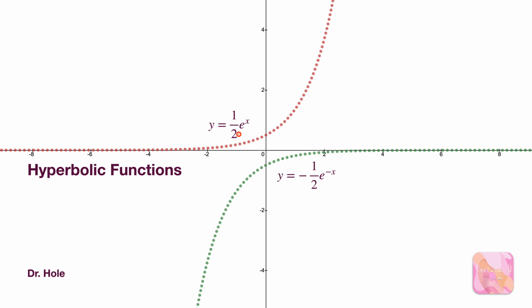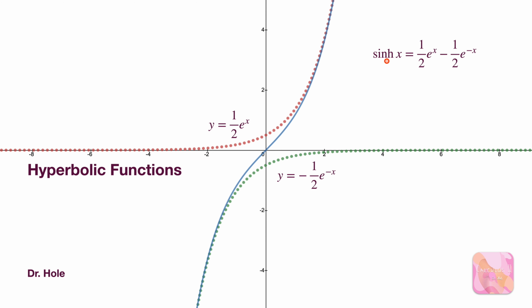Thus, our sum function will plot in the third quadrant. Let's go ahead and plot it. So the blue curve, notice, is going through the origin and has nice symmetry with the origin. The blue curve for positive x's is asymptotic with 1/2 e to the x. The blue curve for negative x's becomes asymptotic with negative 1/2 e to the negative x.